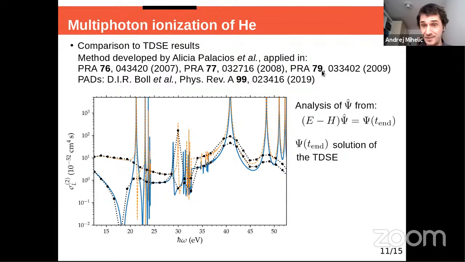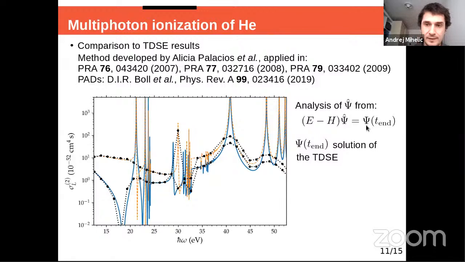The method itself looks very similar to what we have used. You have to calculate the inverse of a driven time-independent Schrödinger equation, but with the driving term replaced by the wave function at the end of the pulse.